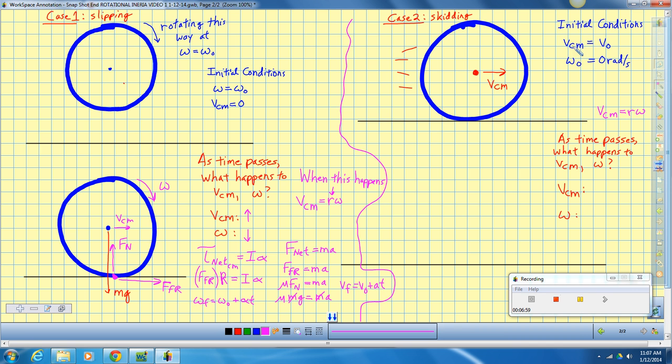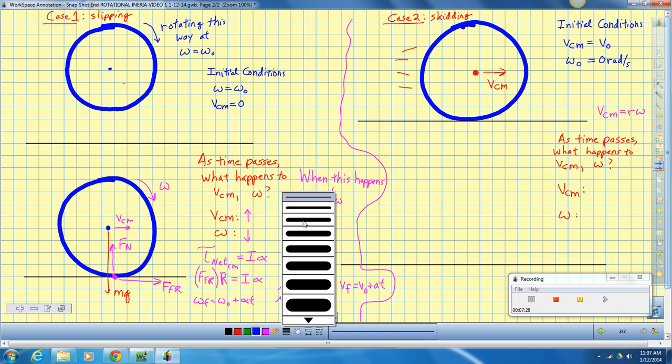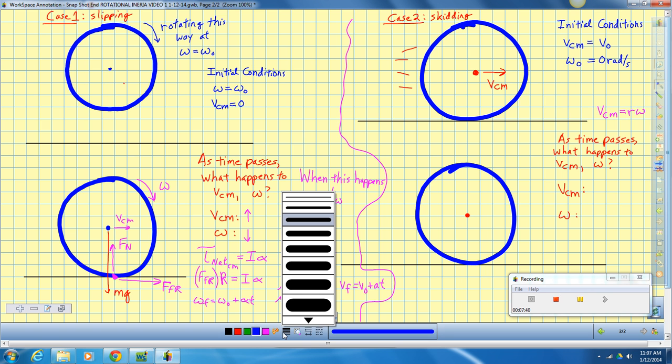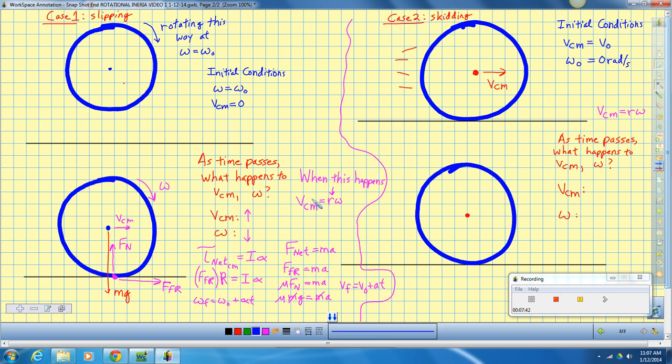Okay, a free body diagram would probably help us out with that. So let's draw a free body diagram. That was a much better wheel. Okay, what forces are acting on this? Well, we have gravity. We have normal force acting right there at the base.